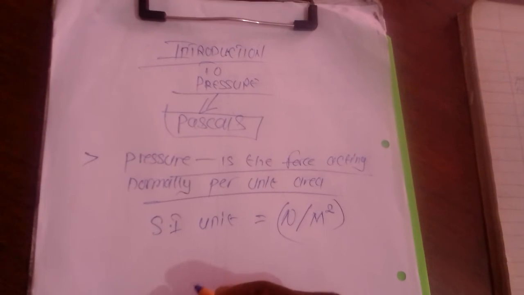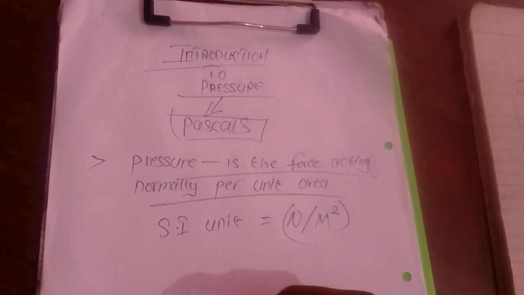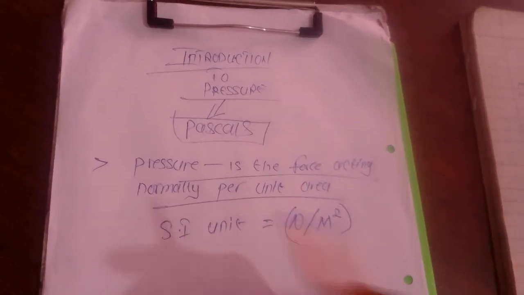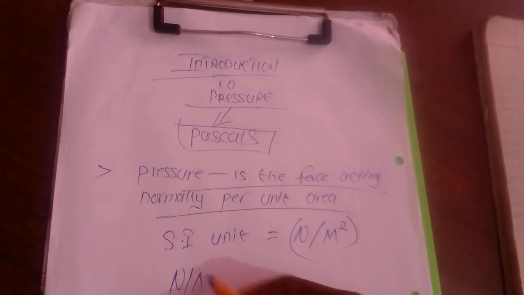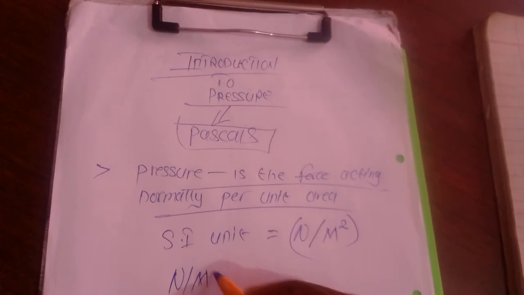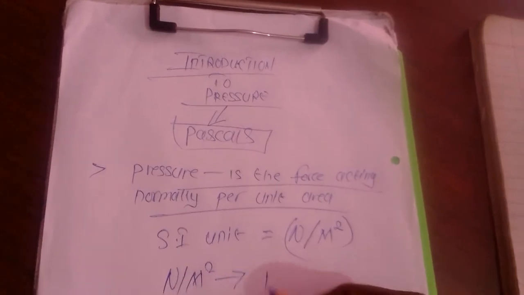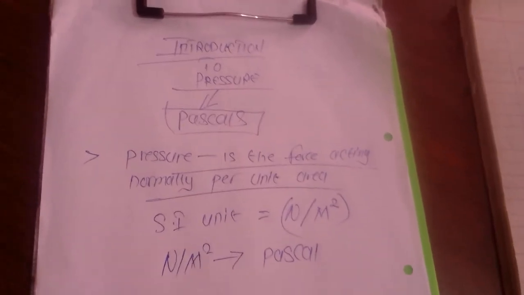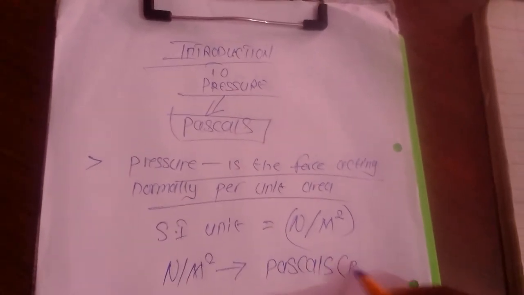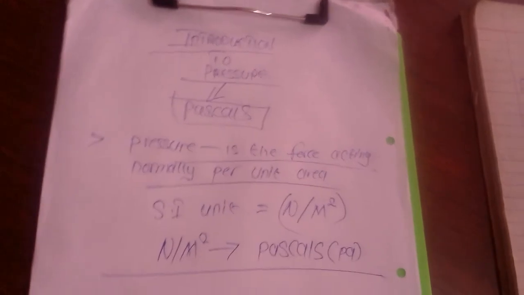The Newton per meter squared is also called the Pascal, just like I introduced in the first place, which is abbreviated as Pa.